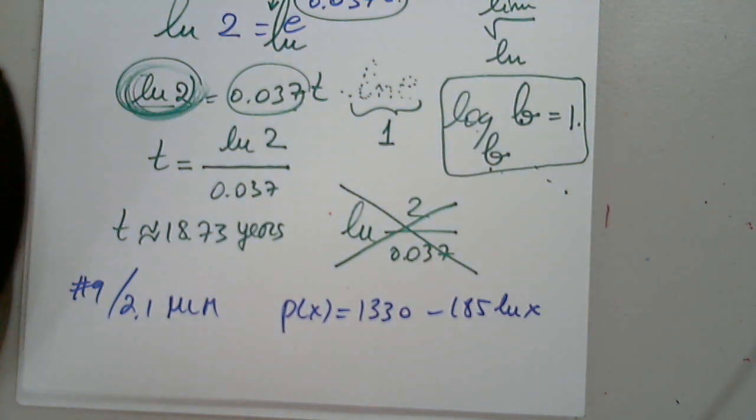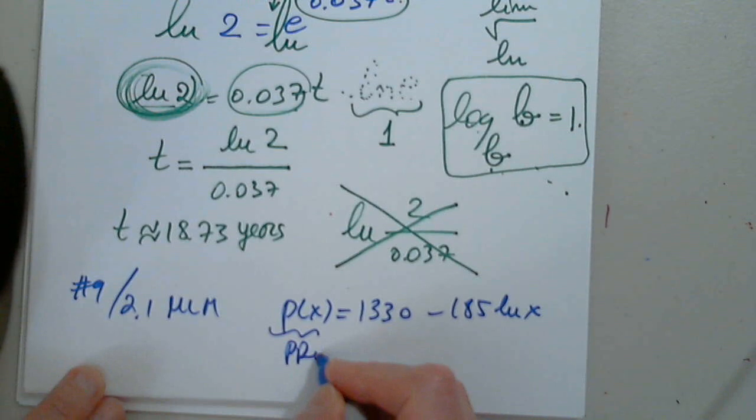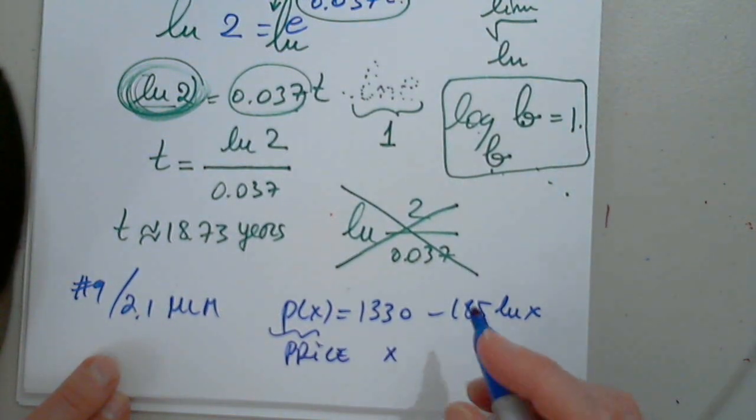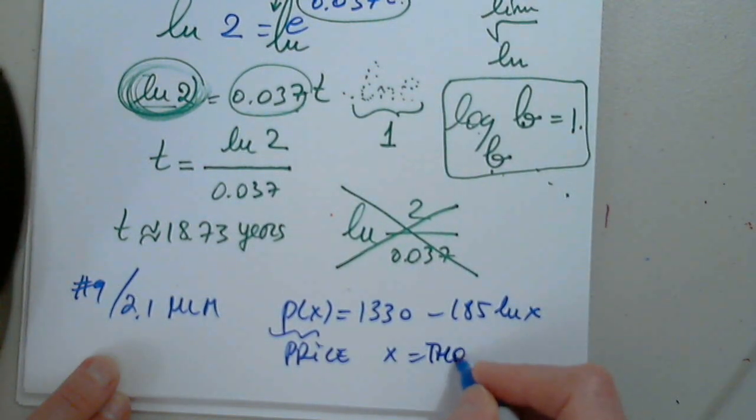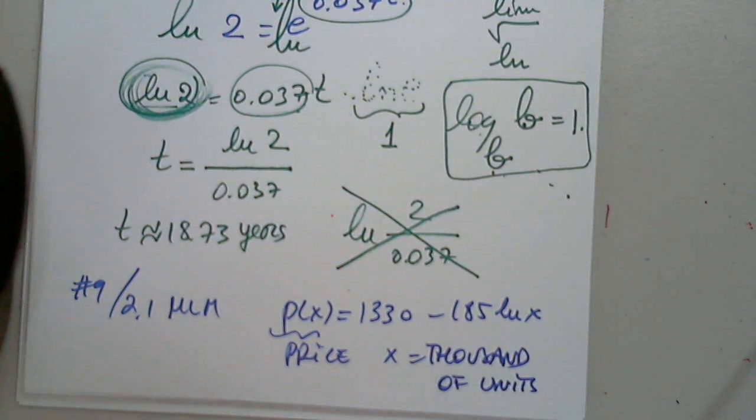So this is the price, and X is in thousands of units. They're asking what price, and X is the demand, the number of units.